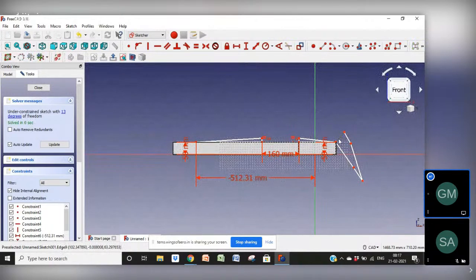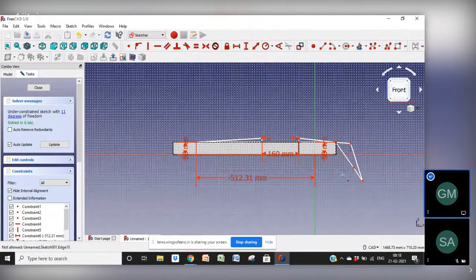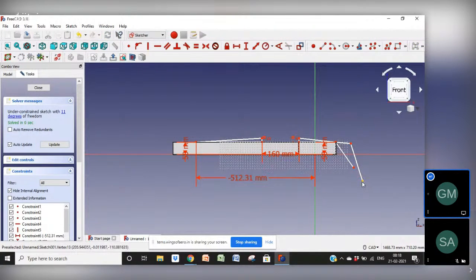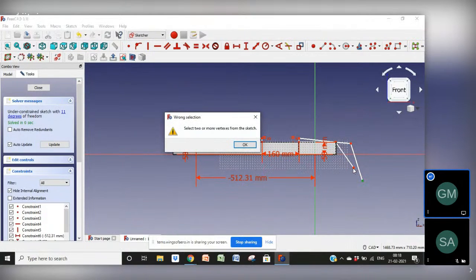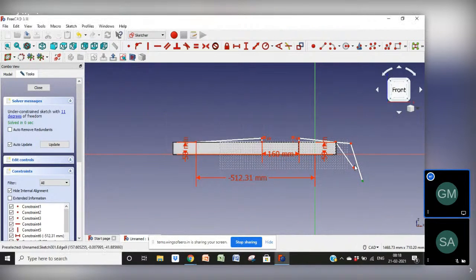Let me delete this. Insert this and also delete this and coincide these two. Okay, making it vertical. This one.